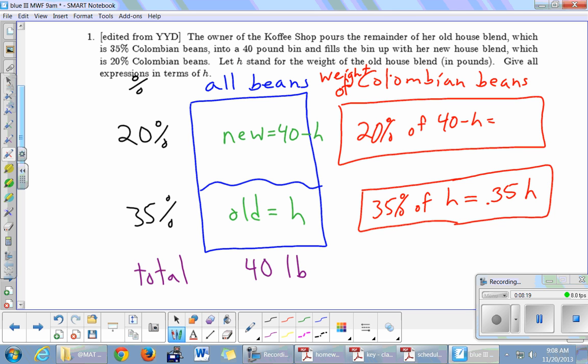And then we want to write this as a simple expression. 20% becomes 0.20. You could just write 0.2, but that. And then, yeah, we need that 40 minus H there. And we need it in parentheses. So it's still the same, percent times the number of pounds of beans. Okay, any questions so far?